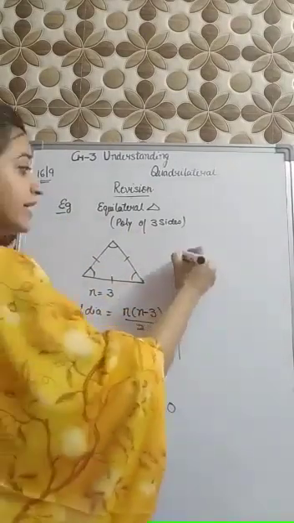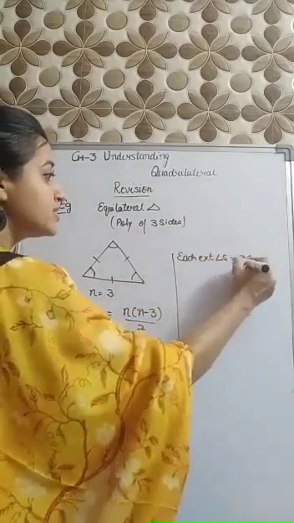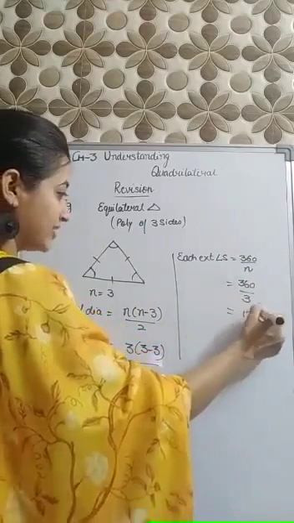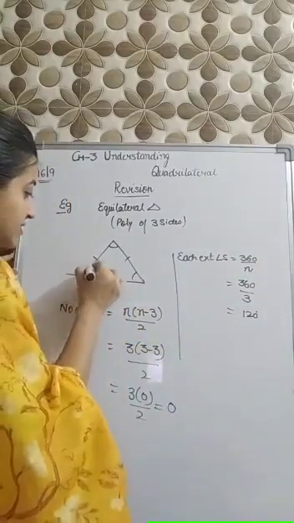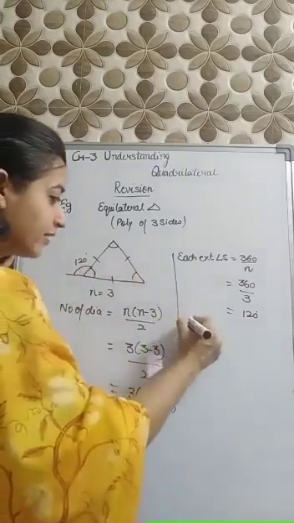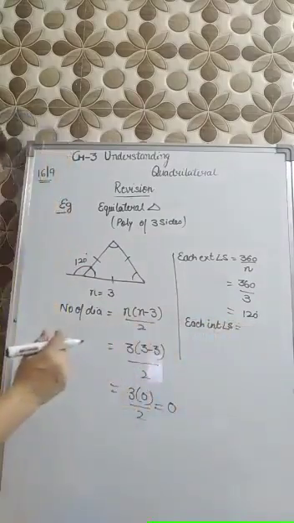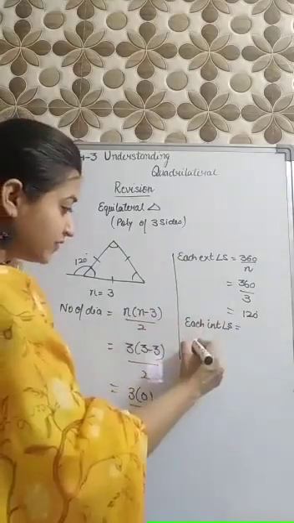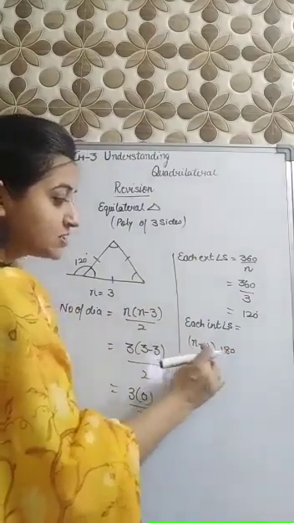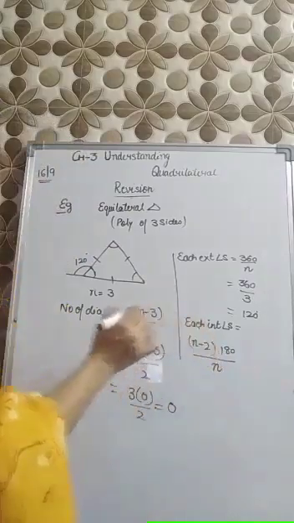Let's find each exterior angle, that is 360 upon n. So 360 by 3 is 120 degrees. So I am getting the exterior angle as 120. And if you want to find each interior angle, either you can use the direct formula n minus 2 into 180, which is the formula for the sum of all the interior angles, and divide by the number of sides to get each interior angle.